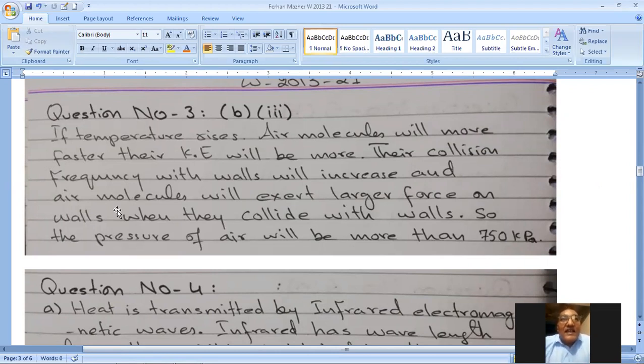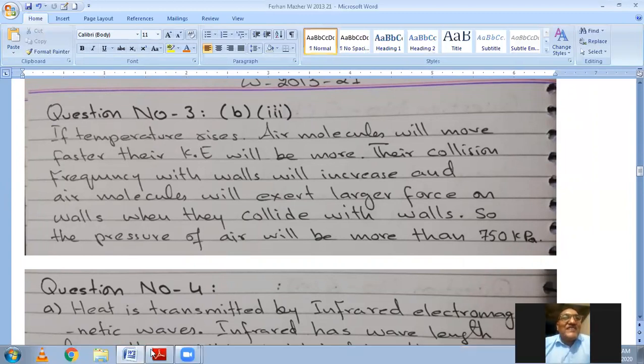And air molecules will exert larger force on walls when they collide with walls. So the pressure of the air will be more than 750 kilopascal, the value which we calculated in the first part. I hope that the concept and the wording is clear to you. Okay, let's move to the next question.